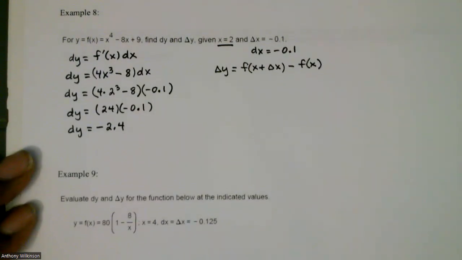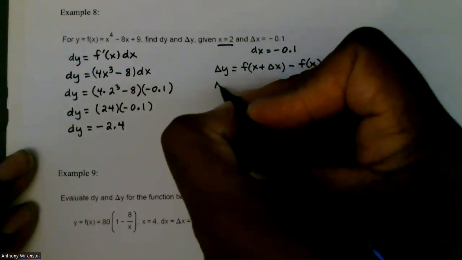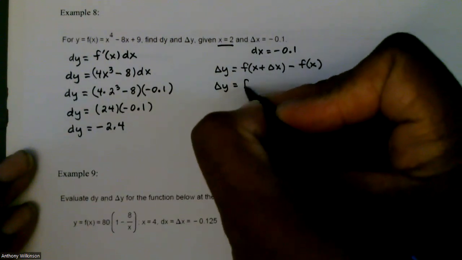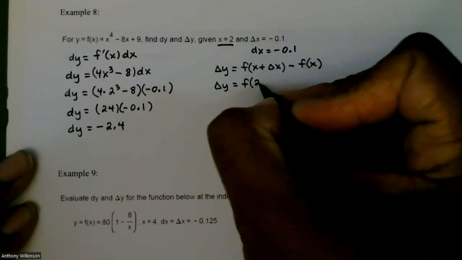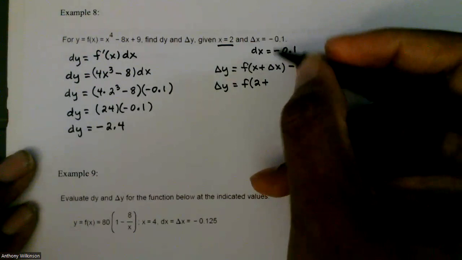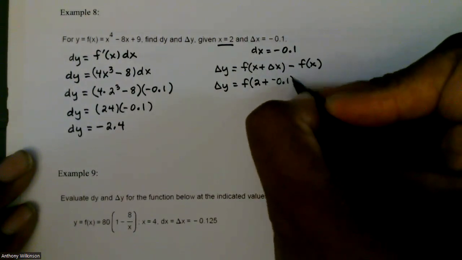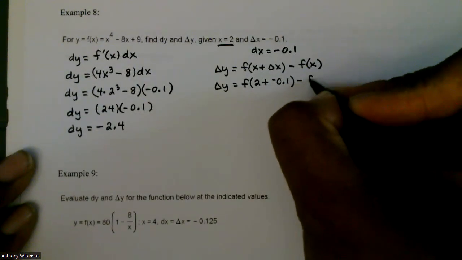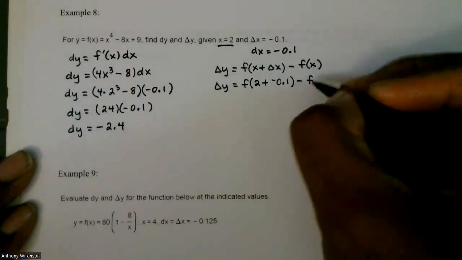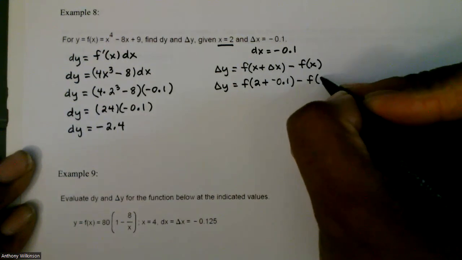That's actually the numerator in the definition of the derivative function. So now delta y would be equal to f of x, which is 2, plus the change in x, which was negative 0.1, minus f of x, or f of 2.